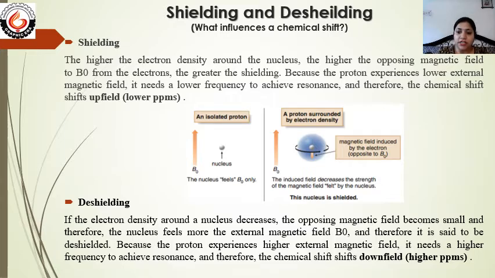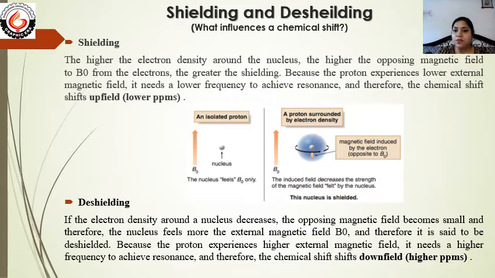As we apply a magnetic field, it does not go directly to the nucleus. Obviously in the path there are some electrons which may shield the nucleus, so it is giving a shielding effect.